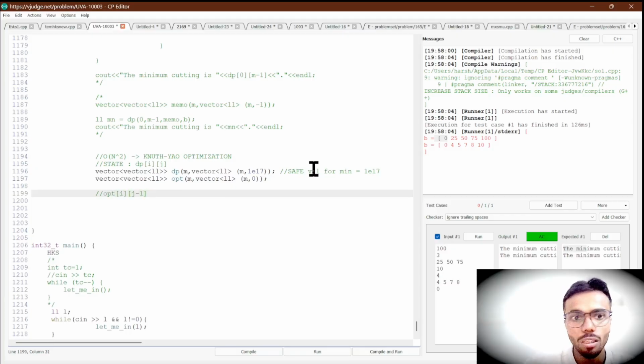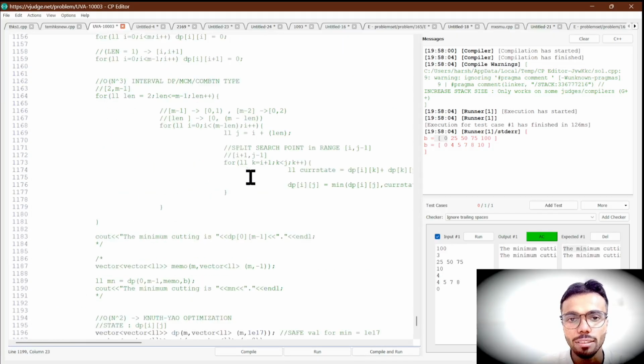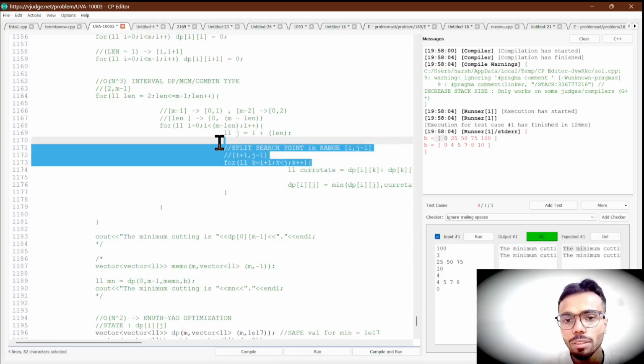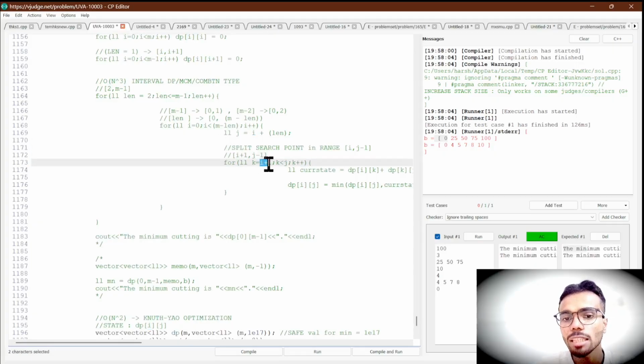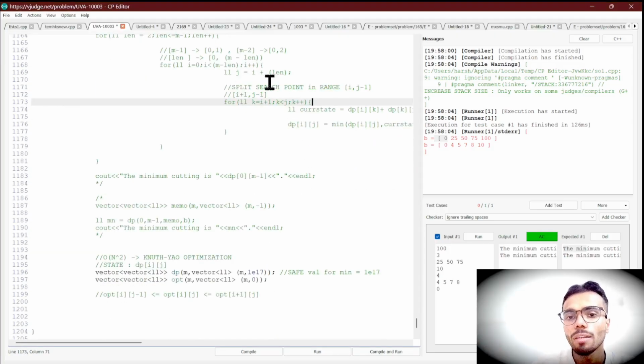Whenever we build the tabulation, this opt[i][j] will always lie between opt[i][j-1] and opt[i+1][j]. So instead of iterating over all split search points K, the starting point becomes opt[i][j-1] and the ending one becomes opt[i+1][j].